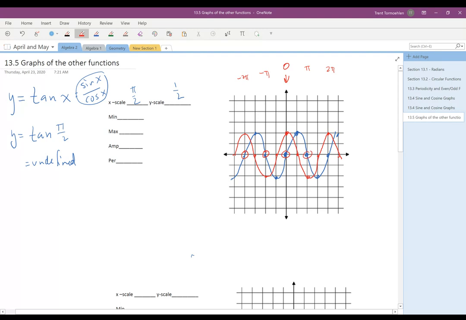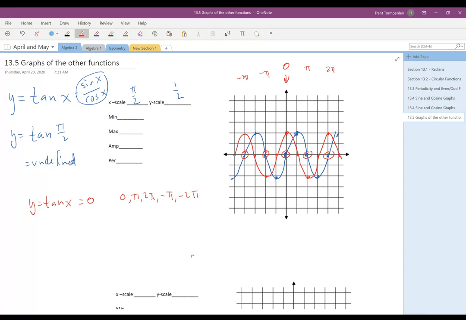And so at all of those points, the tangent is 0. So the thing to remember is y equals tangent of x is equal to 0 at 0, pi, 2 pi, negative 2 pi. And that's because that's when sine is 0.